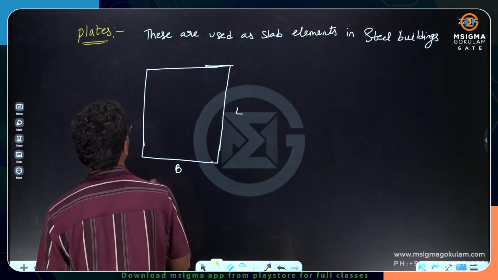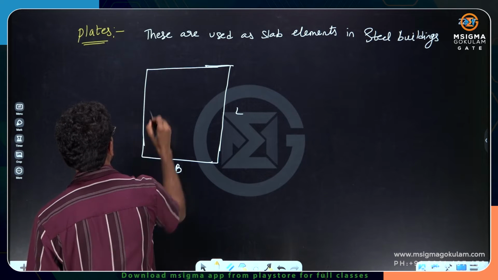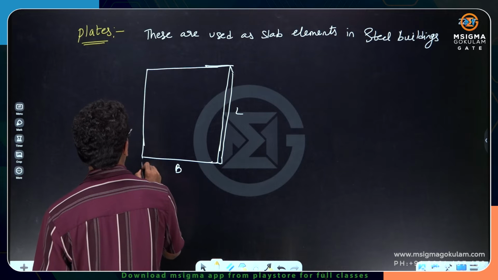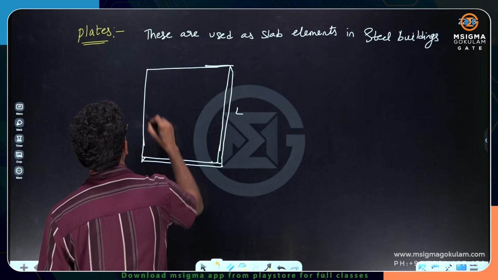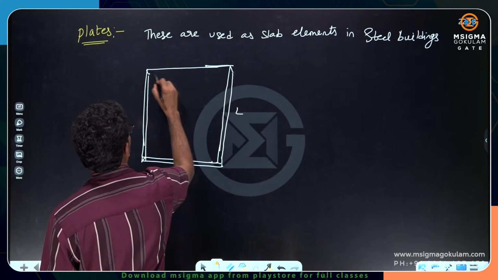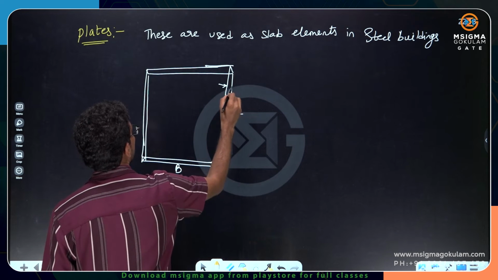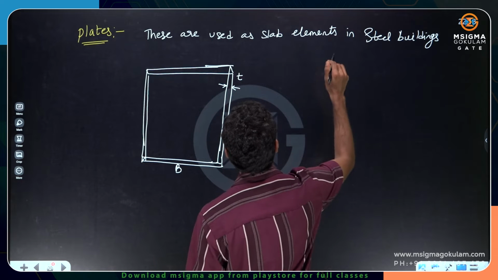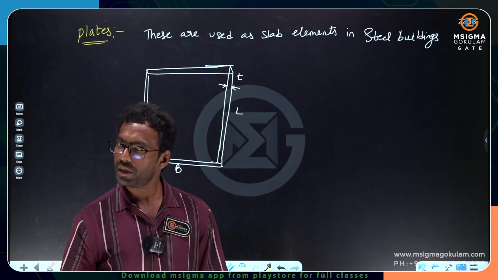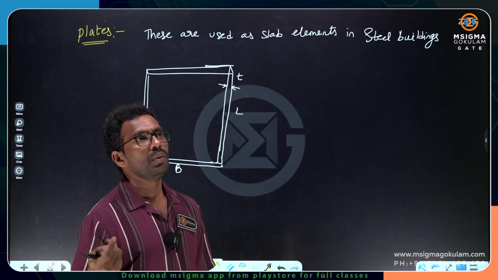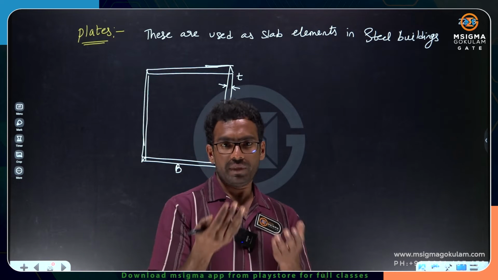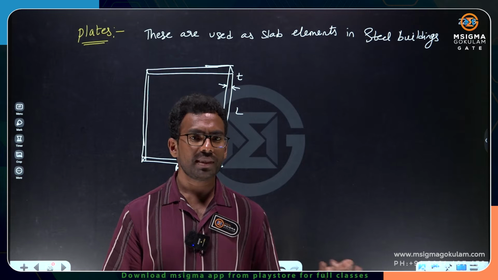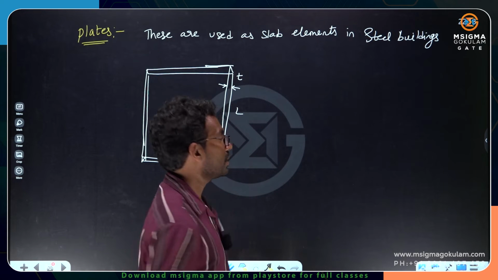So when I say slab in case of steel buildings, we have to go for the plate itself as the slab. Look at the manufacturing of vehicles also. Any truck, any bus, any train, whatever is made of steel, we need to use the plate itself as a slab element. That's a very important one.